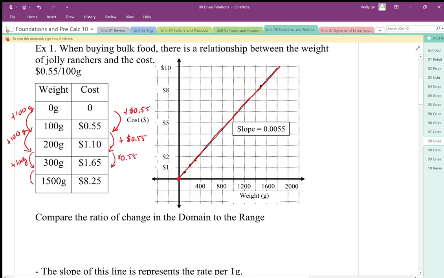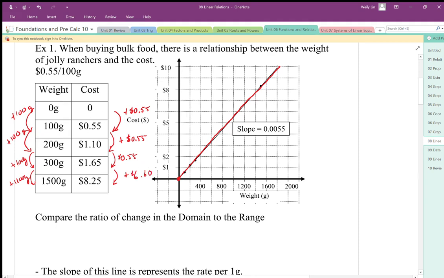Here we added 1200 grams, and here we've added $6.60. So this ratio of change looks consistent.